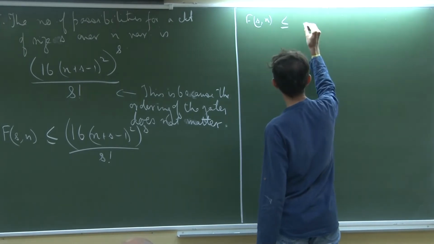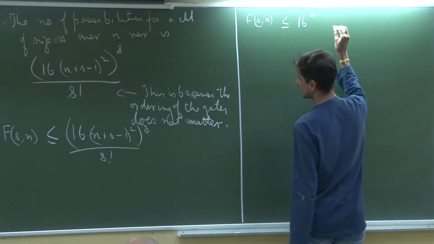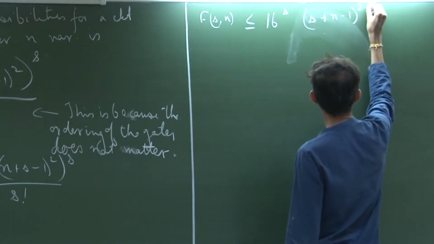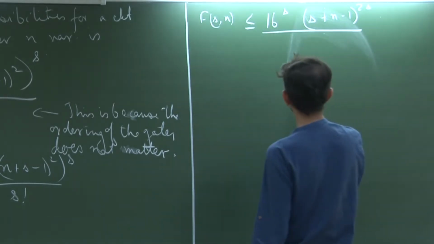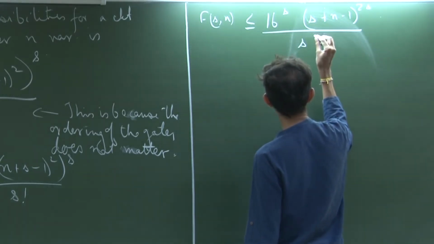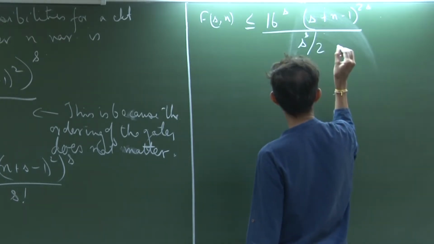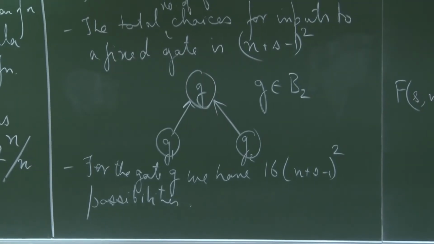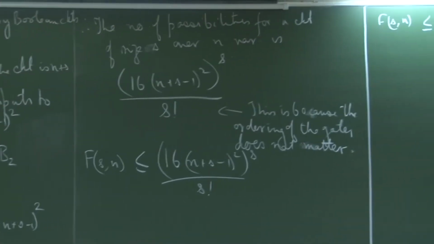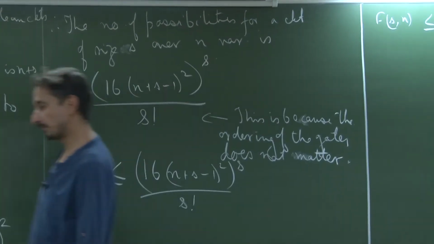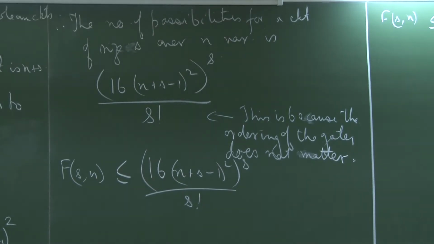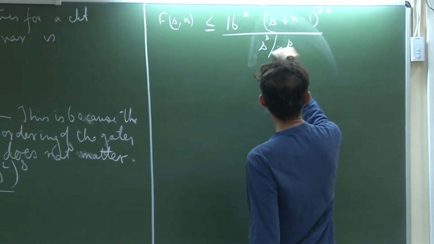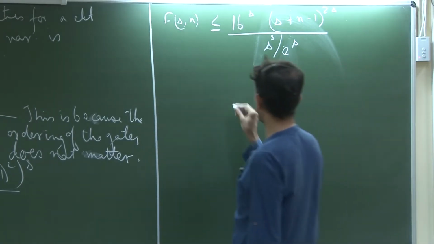So, I can write it as 16 to the power s plus n minus 1 whole to the power 2s divided by s to the power s divided by... So, Stirling's approximation is that s factorial is greater than or equal to s to the power s divided by e to the power s.